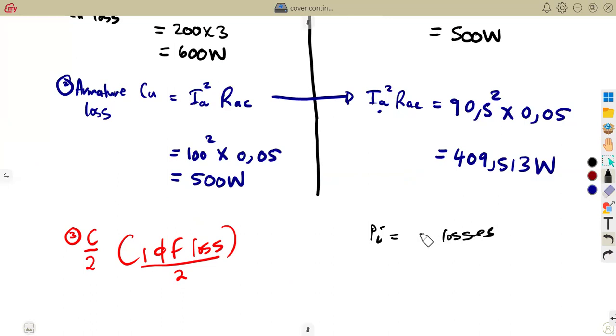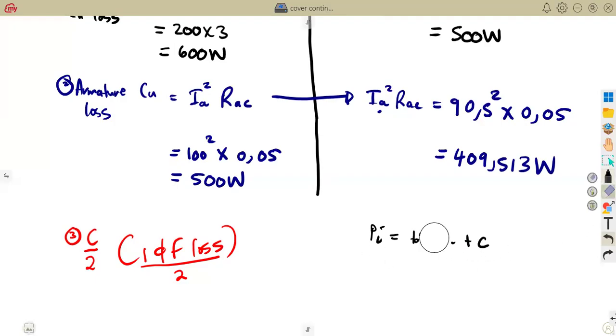Which losses are we talking about? The 3 losses, meaning the total copper losses, there are 2, plus this one of the iron, friction, and windage losses.